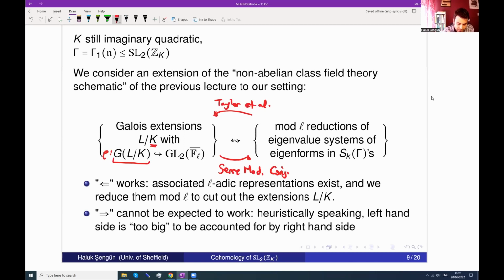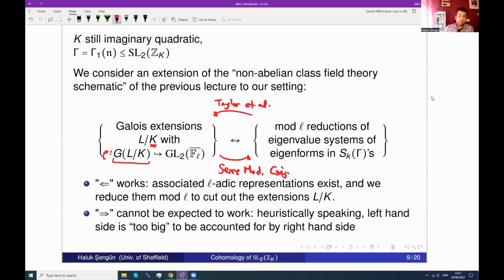Well, it turns out that in our case, this worked for classical modular forms, right? Serre's modularity conjecture is proven and everything. But in our case, it doesn't quite work because, in a sense, the left-hand side is too big for the right-hand side to parameterize all.